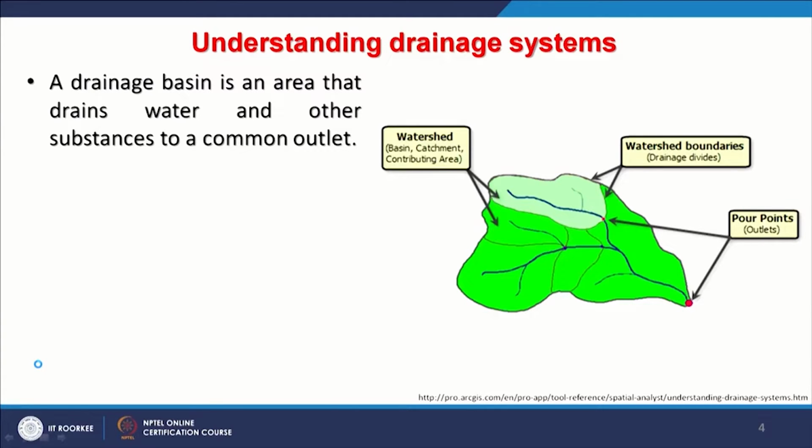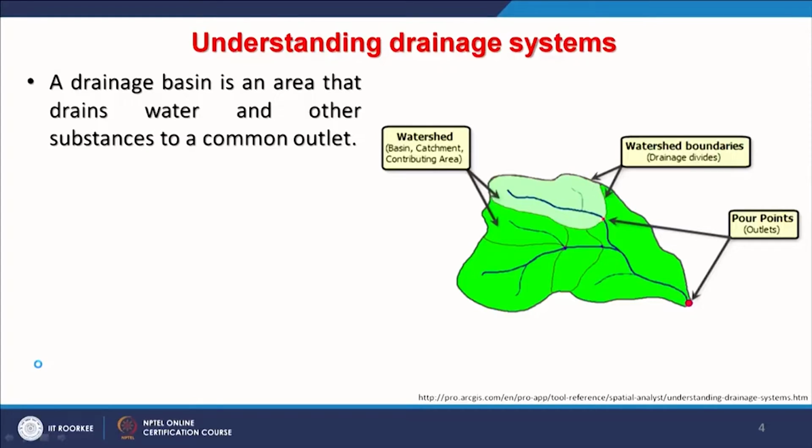Other substances might be sediments, a very common one, maybe pollutants, or other materials like wood. All these are carried through this drainage system by the water.